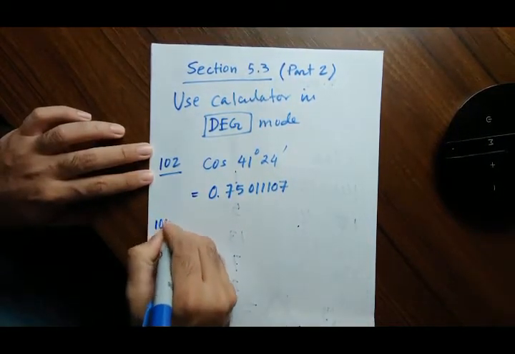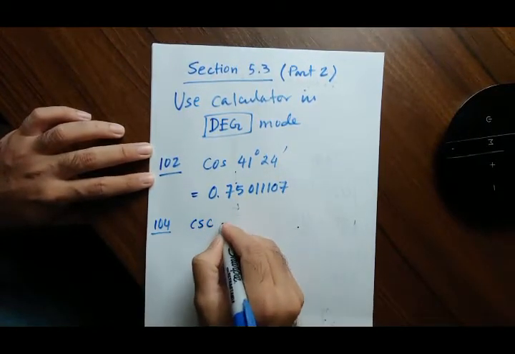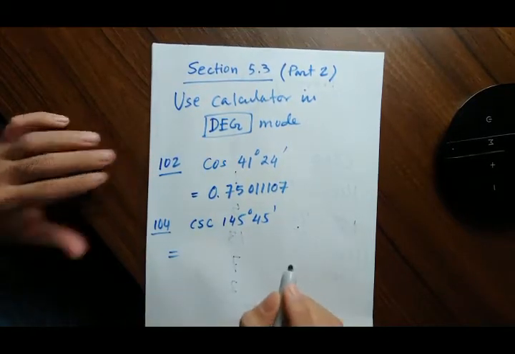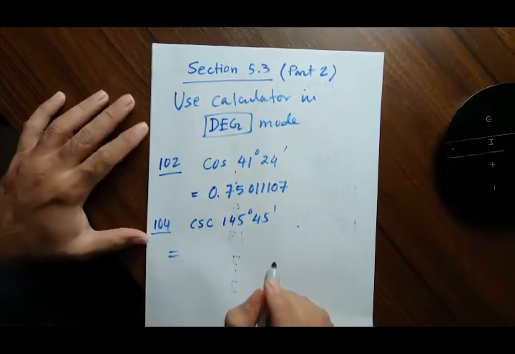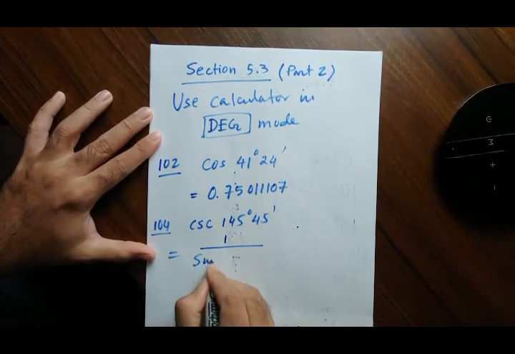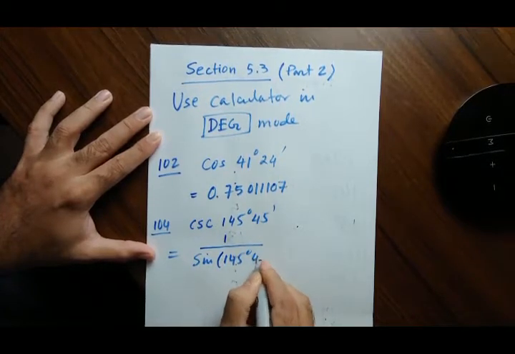Similarly, problem number 104, cosecant of 145 degrees and 45 minutes. Now, in your calculator, there is no cosecant, but there is a sine. And you know the relationship, cosecant is 1 over sine, of 145 degrees and 45 minutes.